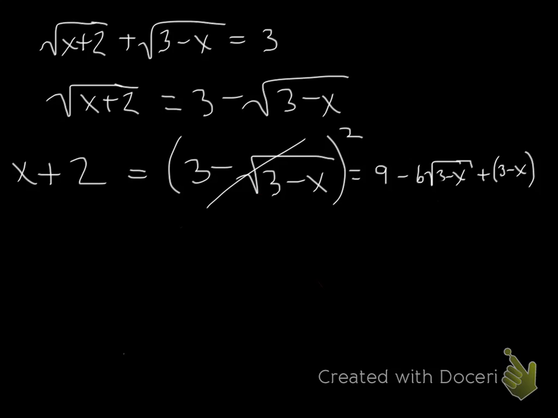Now we wish to isolate this new radical that we've created in this equation. In the step above, we had two radicals. After that, now we only have one radical, so we are making some progress. So I'll move this over to the other side.